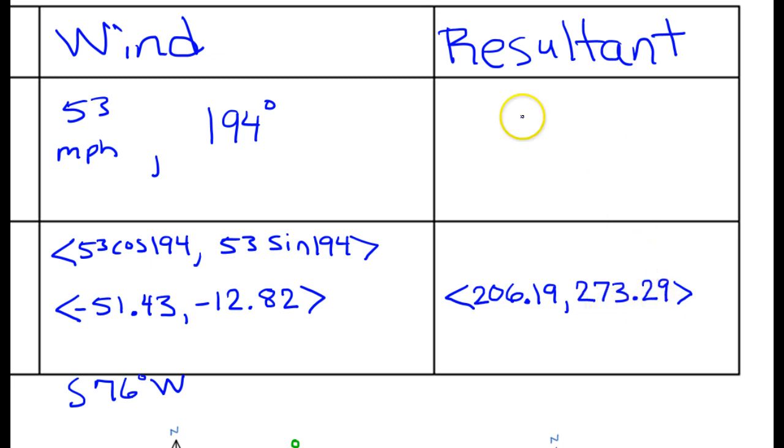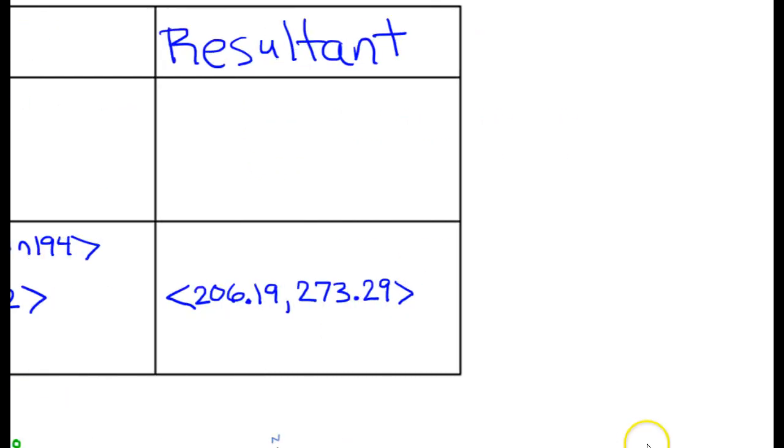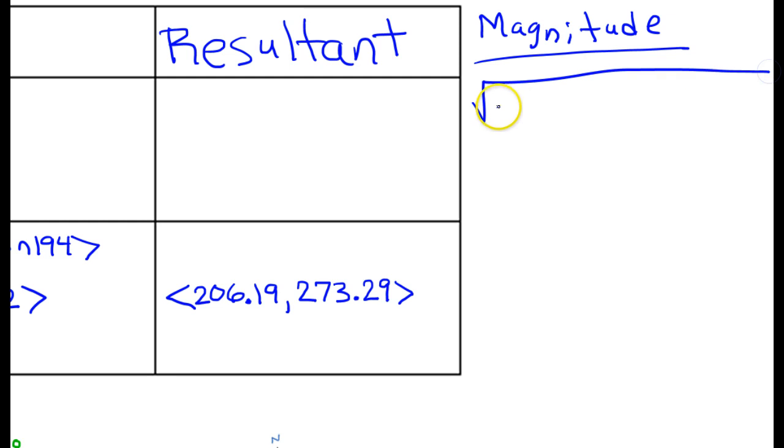273.29. So for the final answer, we need to find the magnitude and direction of the resultant vector. So I need to convert component form back into r and theta, magnitude and direction. Let's start with magnitude. To find the magnitude, we can use the magnitude formula, where we take the square root of 206.19 squared plus 273.29 squared.